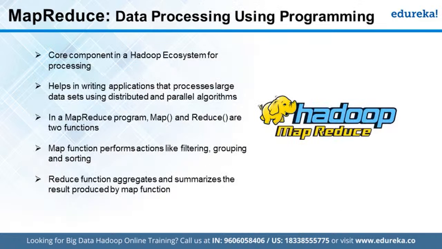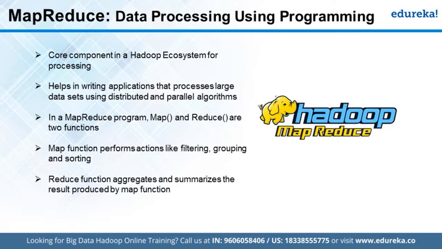So MapReduce is data processing using programming. There are two components, mapper and reducer. Mapper is the transformation, reducer is the aggregator. Transformation means anything that you want to do with the data, you can do it in the map part, and reducer is an aggregator, like in a word count program, how many words have been repeated in a given text file.